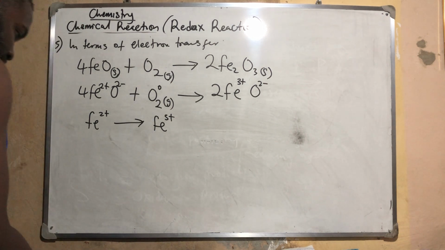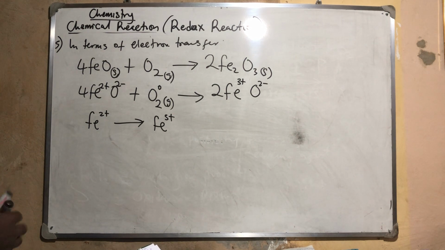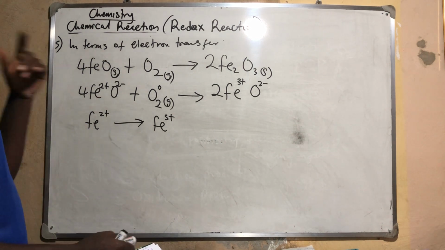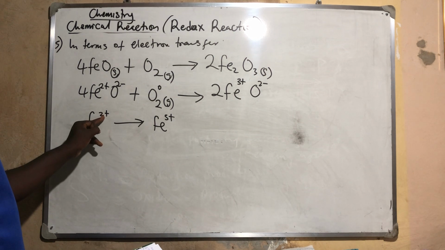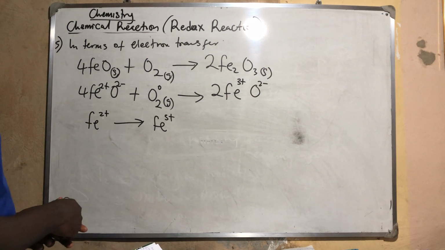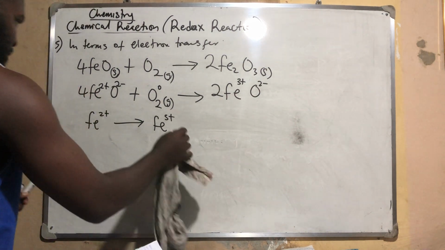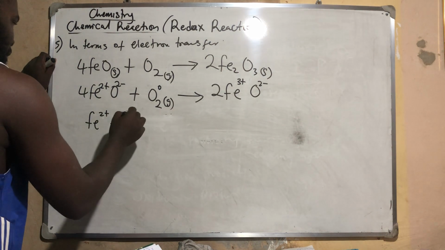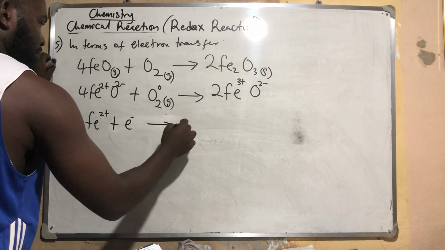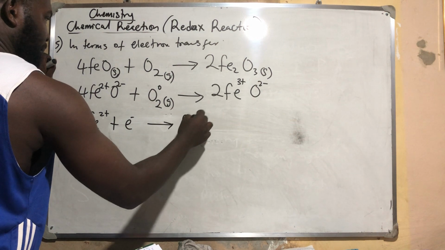So what does it mean? It means that this one undergoes what? He lost 1 electron here to become 3 plus. Look at that. He was 2 here, then he gave somebody 1 electron. That is why he became Fe3 plus.